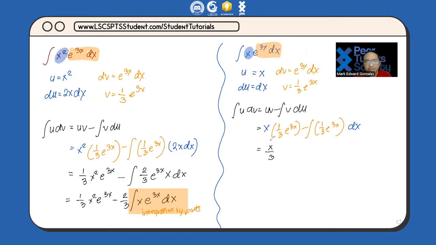Let's just have this as 1/3 x e raised to 3x so that things are a little bit less messy. Okay. In any case, let's continue. This one now is equal to 1/3 dx. Let's continue. 1/3.